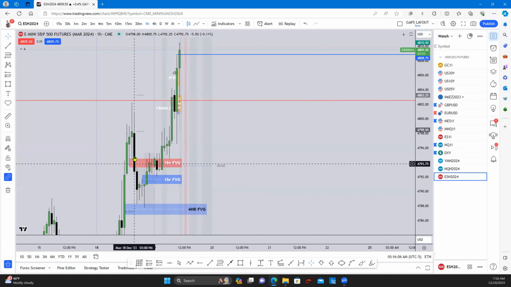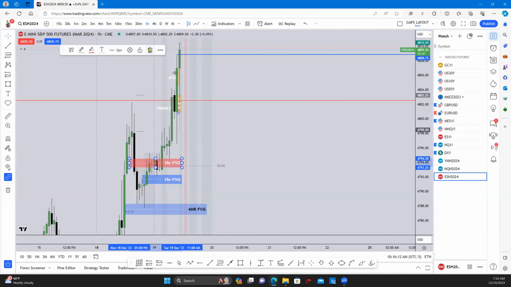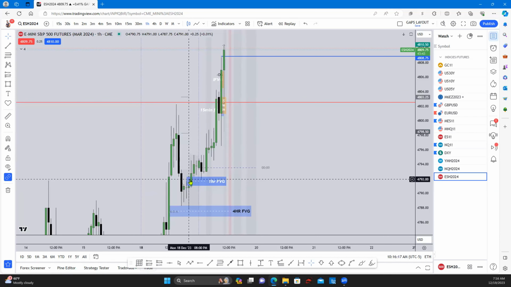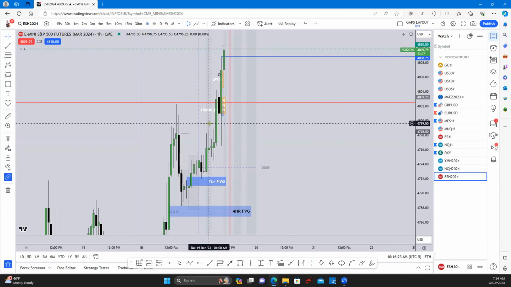So this PD array disrespected, showing more bullish movement. We used it as an inverse, and then we used this 1 hour bullish to bounce off of. So we're still pretty bullish here.